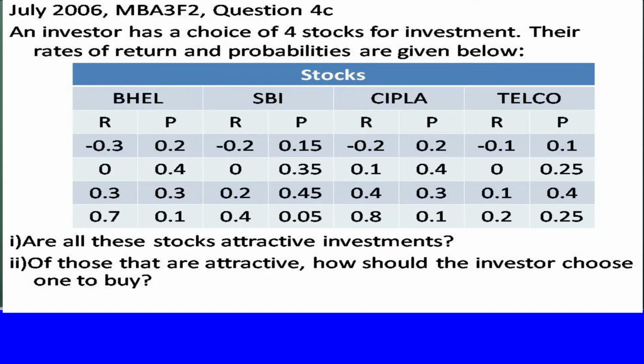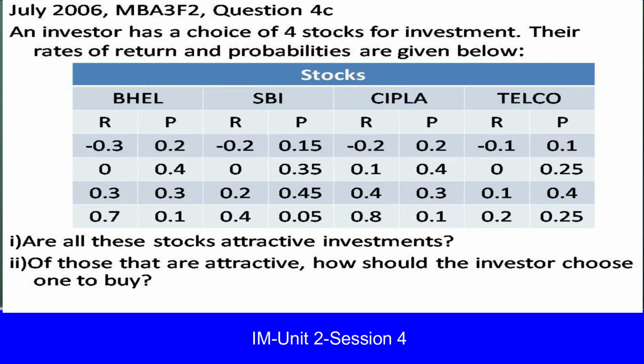In the previous problem, we have done only return, but in this problem for discrete series, we'll be doing return as well as risk. So what is the information they have given for the Vimal company? They have given R as minus 0.3, 0, 0.3 and 0.7.